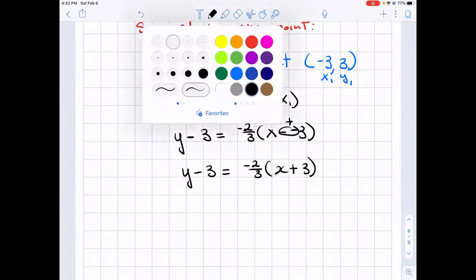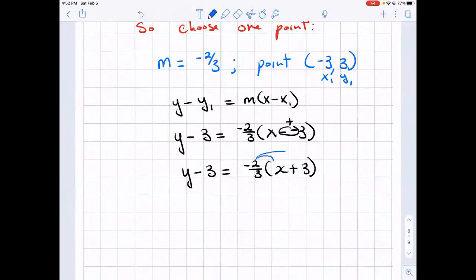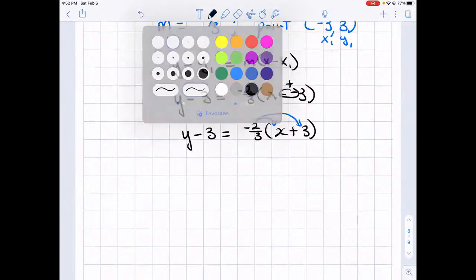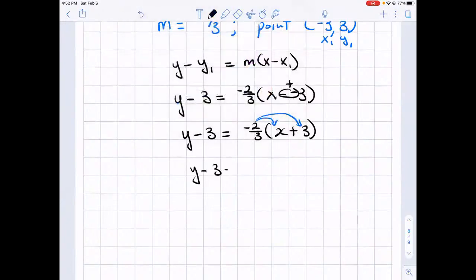And now if we distribute the -2/3 to each term in the parentheses, we have y minus 3 is equal to -2/3 x plus, actually that will be a minus, times a plus becomes a minus.